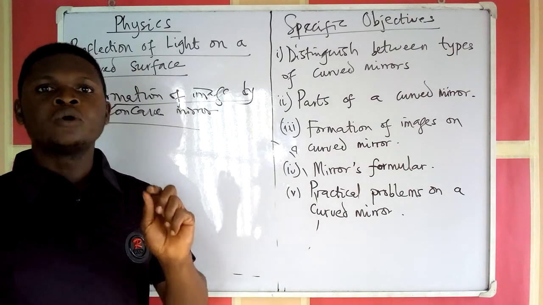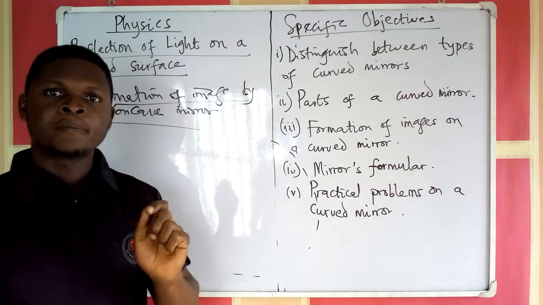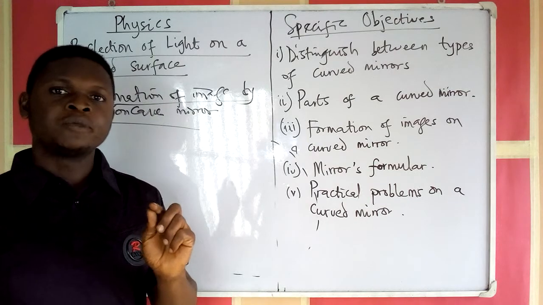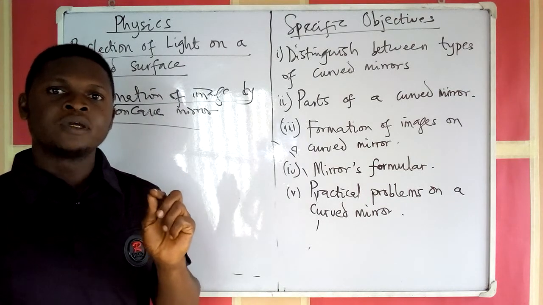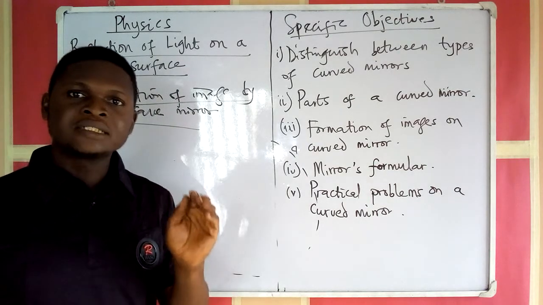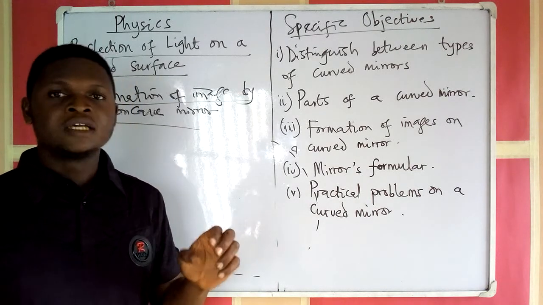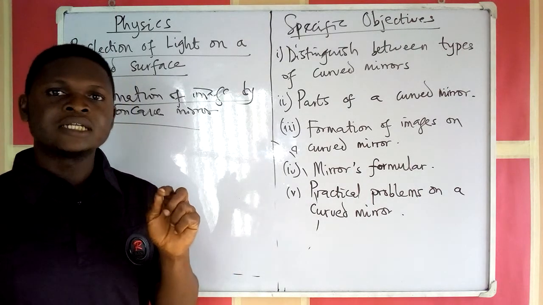But before we go into that, or before we know the properties, it is important you should know what we call the ray diagram, because it's only through the ray diagram that you can easily practice this and even know them at the tips of your fingers. So it is important you should understand the ray diagrams.